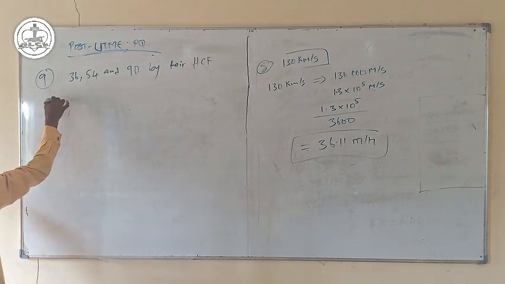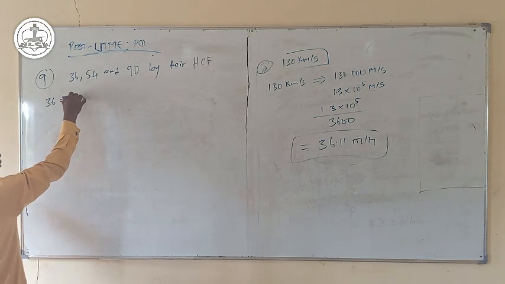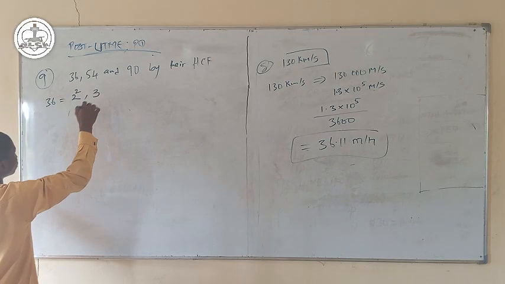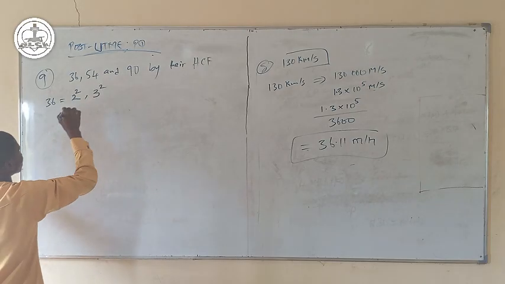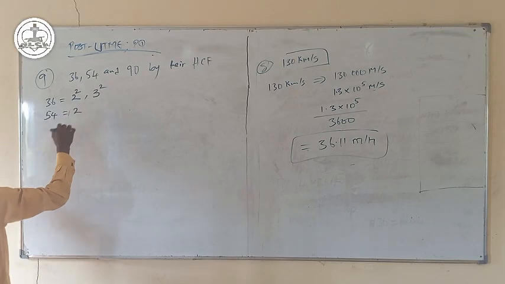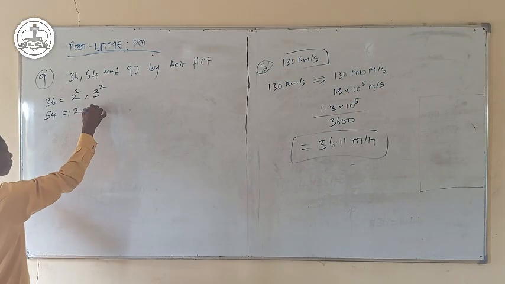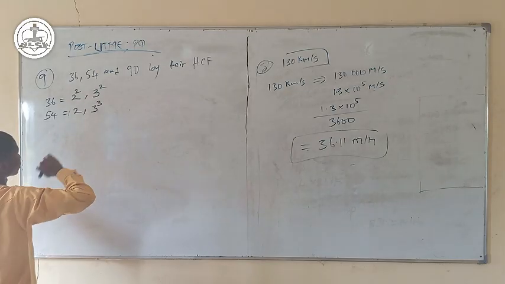So, for 36, we have values that can go into 36 as 2 can go twice, and after that, we still have 3 to go, twice. And for 54, 2 can go, yes, to give us 27, and we still have 3 to go. 3 will go here 3 times.